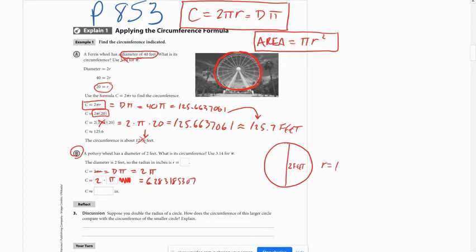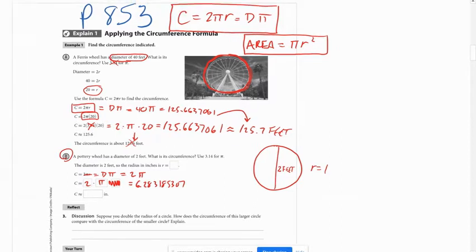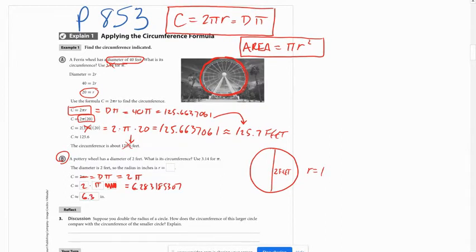If we round that to the tenths place, that's about 6.3 feet, because the problem with the radius was given in feet.